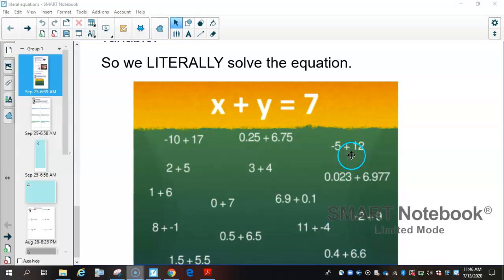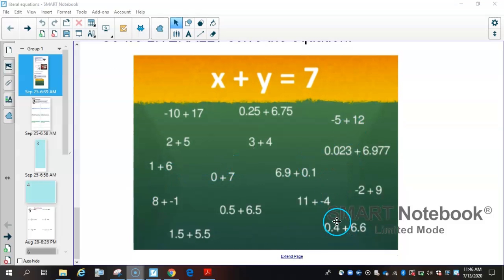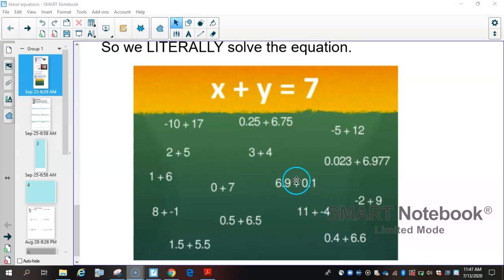All of these different things would work in place of x and y. And these aren't even all of them. They could have kept going. There are more. These are just good examples.